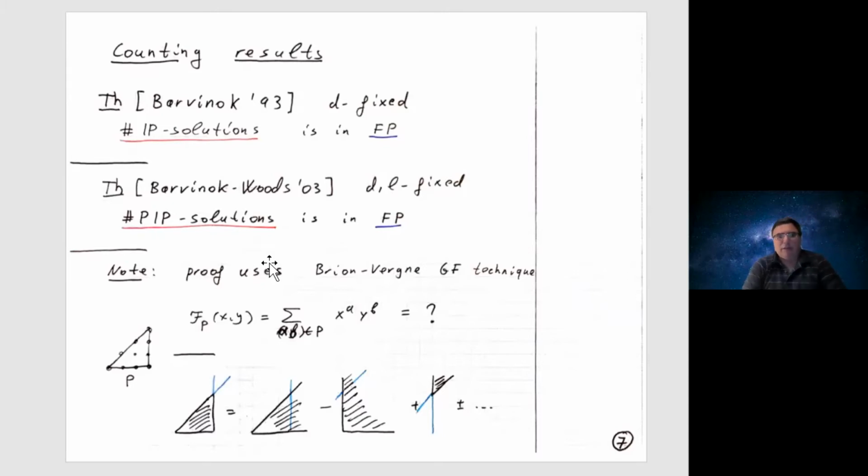I'm not going to say exactly what they're doing, but somehow they're combining tools from previous results by Lenstra and Kannan with the idea of counting using generating functions. Essentially, instead of counting, it turns out it's best to take a generating function for the set of points which lie in your convex polytope.